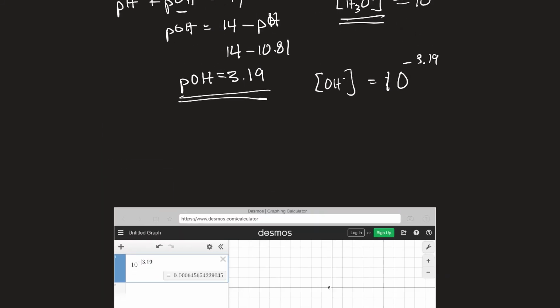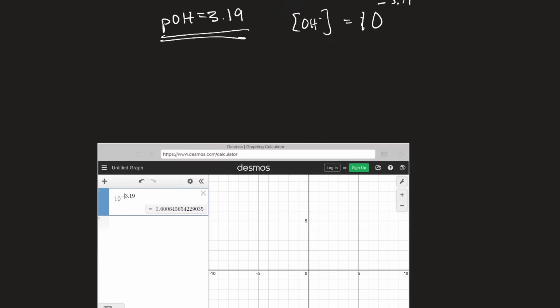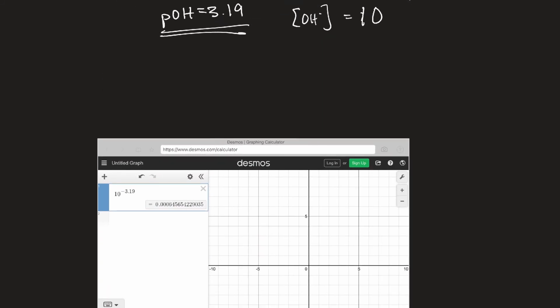Okay, let me just see if that's right. Yeah, 3.19. Okay, so the hydroxide ion concentration will be 0.000 64565. So I can write this as 6.4565 times 10 to the minus 4.